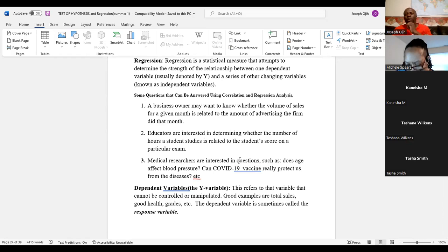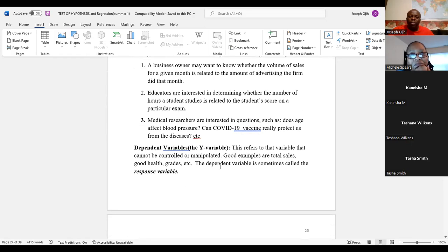There are many things where you can use it, like blood pressure and age, diet and weight, vaccine and disease prevention, things like that. That's why we use correlation and regression analysis.